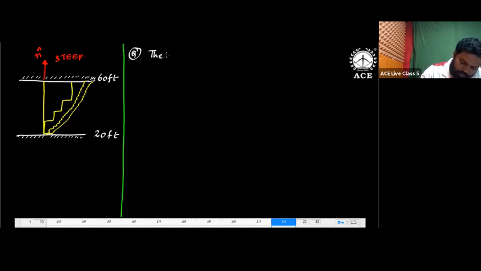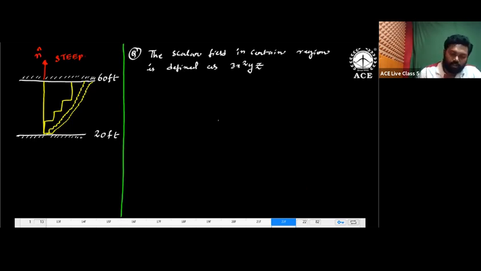The scalar field in certain region is defined as 3x square yz. Question A: find its gradient.